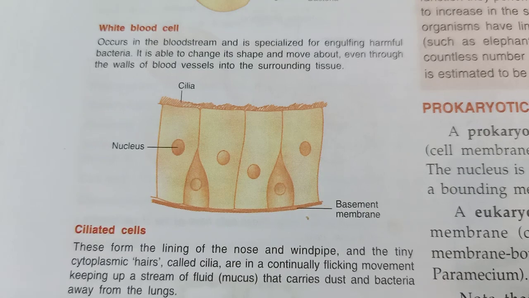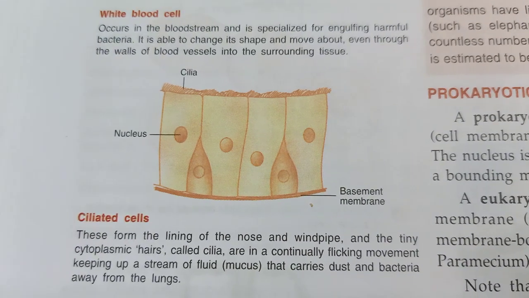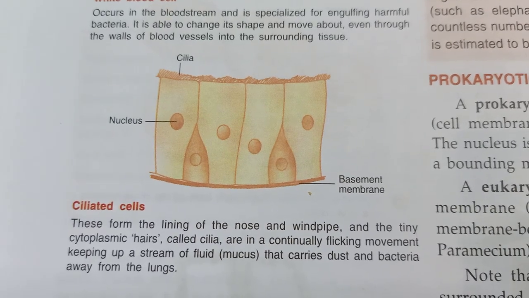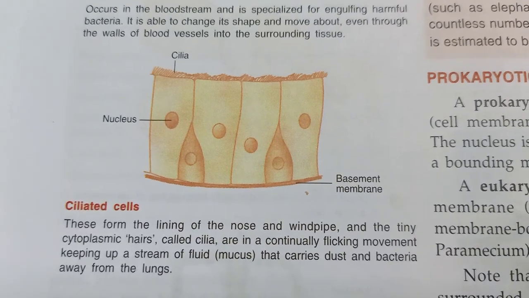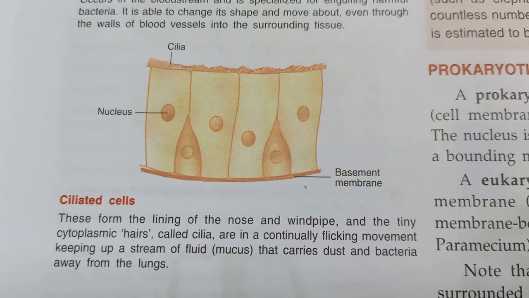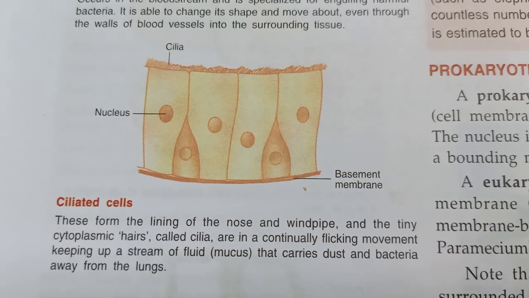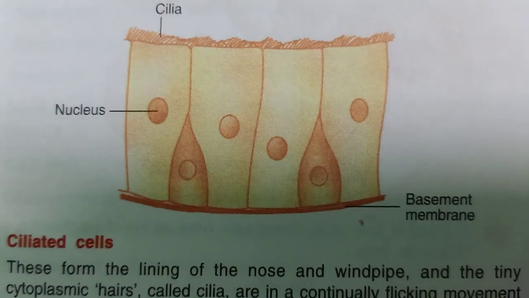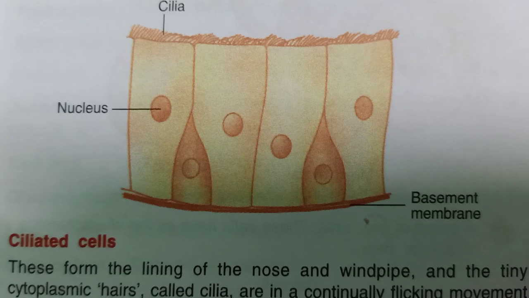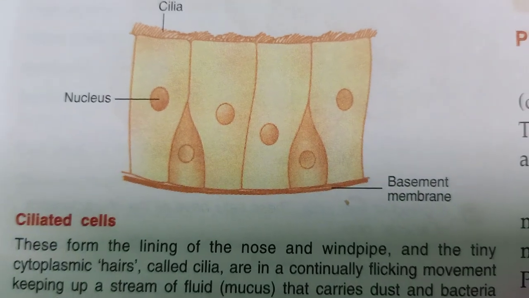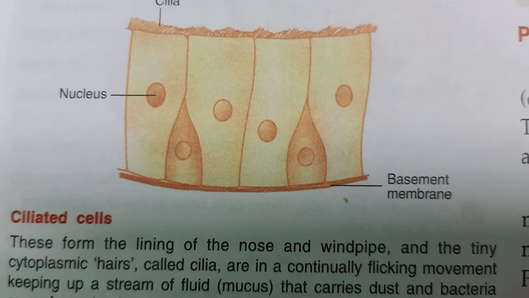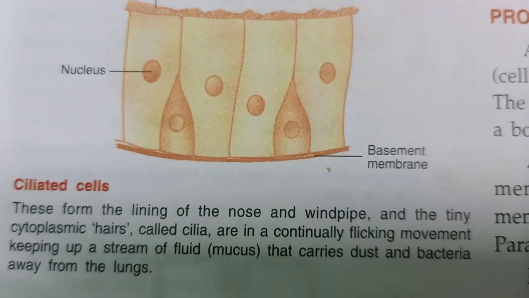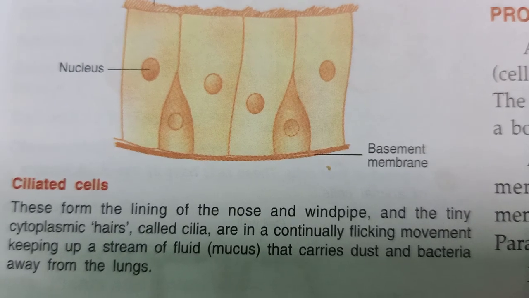Our next example is ciliated cells. These form the lining of the nose and windpipe. This ciliated cell is present inside the lining of the nose and the windpipe, and it has tiny cytoplasmic hairs called cilia. You can see that there are tiny hairs, and these are known as cilia. They are in a continual flicking movement, keeping up a stream of fluid, that is mucus.